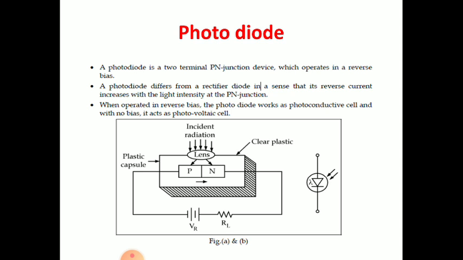But in the case of a photovoltaic cell, that is a solar cell, we only apply the light intensity, that is the natural sunlight. We don't apply any reverse bias there. In that case, charge carriers flow across this diode because of the light intensity, and the current produced is stored in an external battery.